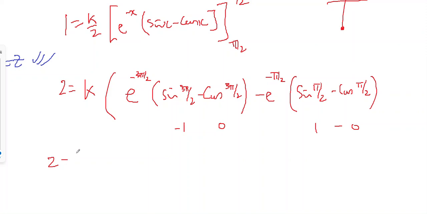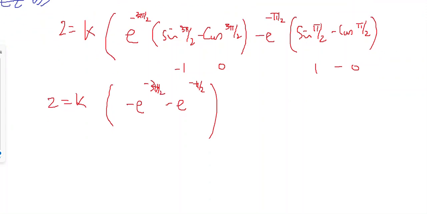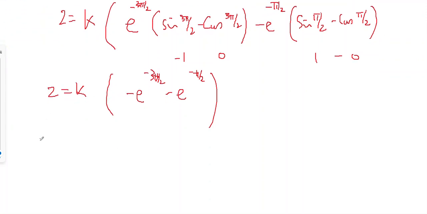So 2 equals k times [negative e to the negative 3 pi on 2, minus e to the minus pi on 2]. There's a negative there, there's a negative there. So I'm going to bring that negative out and put negative 2 equals k times [e to the minus 3 pi on 2 plus e to the minus pi on 2].